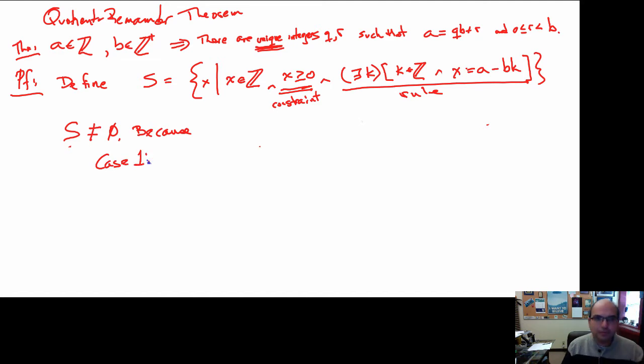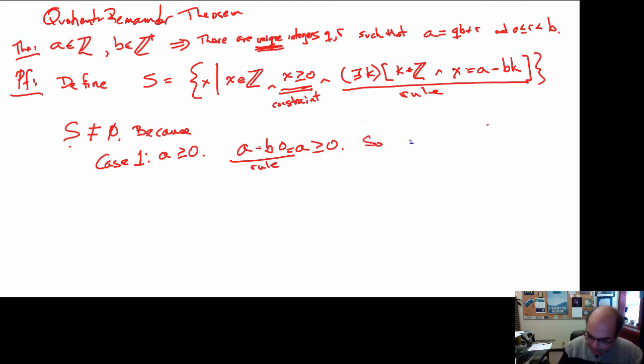Case one: let's suppose that a is a non-negative number. In that case, a minus b times 0 equals a, which means it's greater than or equal to 0. This matches the rule, a minus b times k, and it passes the constraint because it's greater than or equal to 0.